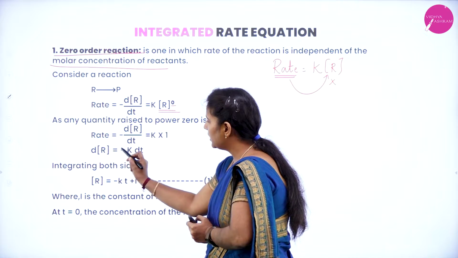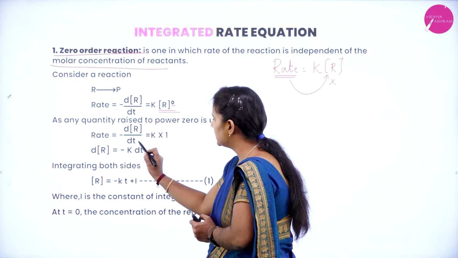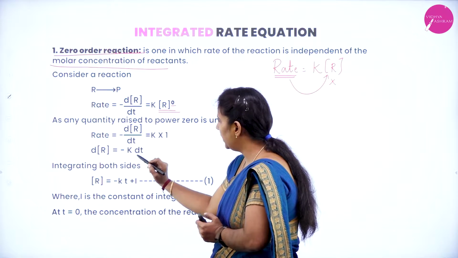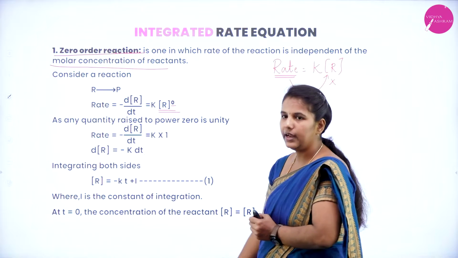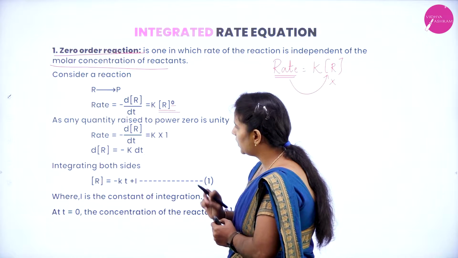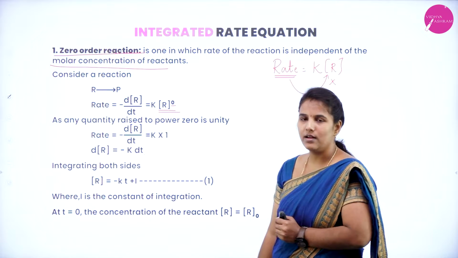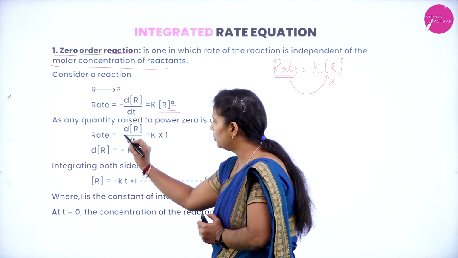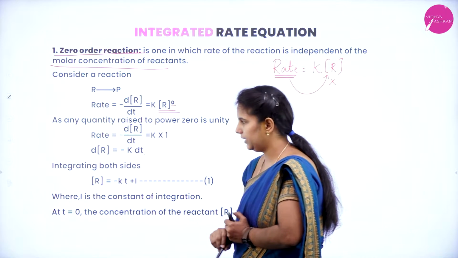So, dR is equal to minus k into dt, because k and dt will be multiplied with each other and you will get minus k dt. This is how I get the equation just by rearranging the dR. Okay. So, I have taken dR outside, which is equal to minus k into dt.